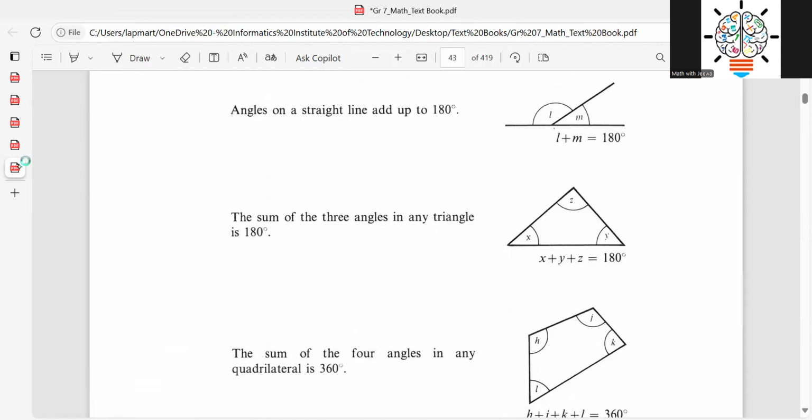It may be a big triangle or a smaller triangle, it can be anything. It adds up to 180. I have shown how this becomes 180 with a demonstration.